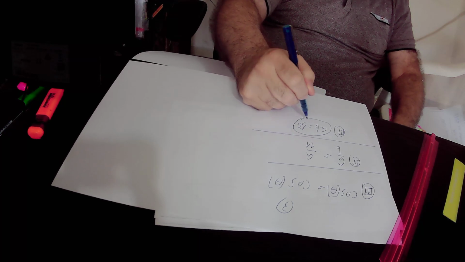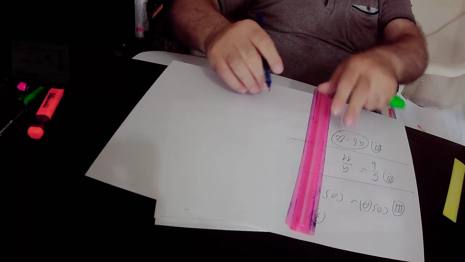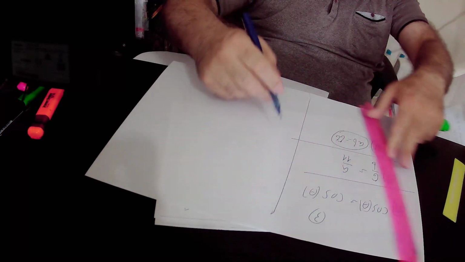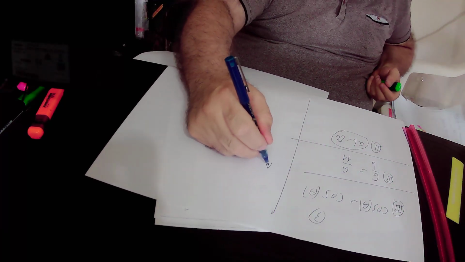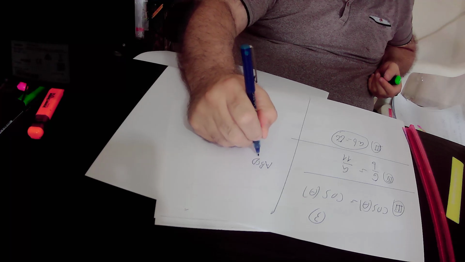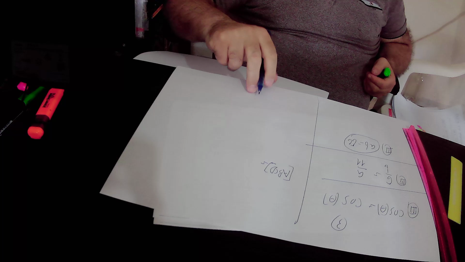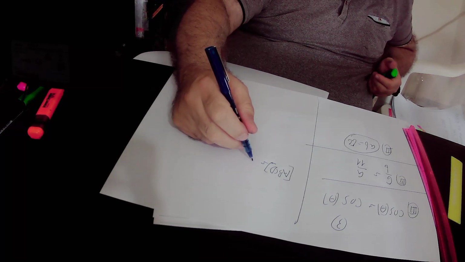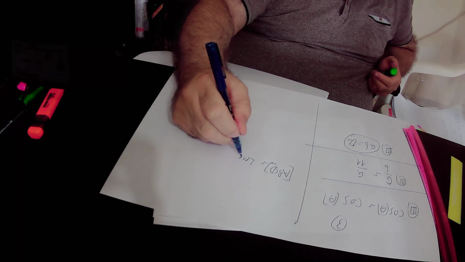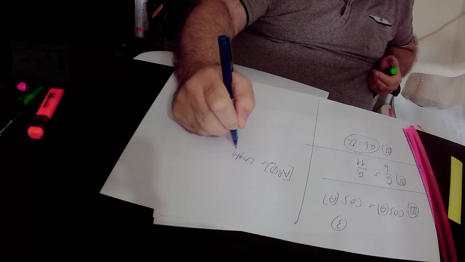AB equals 66. And we know that the area of rectangle ABCD is equal to the length times the width.